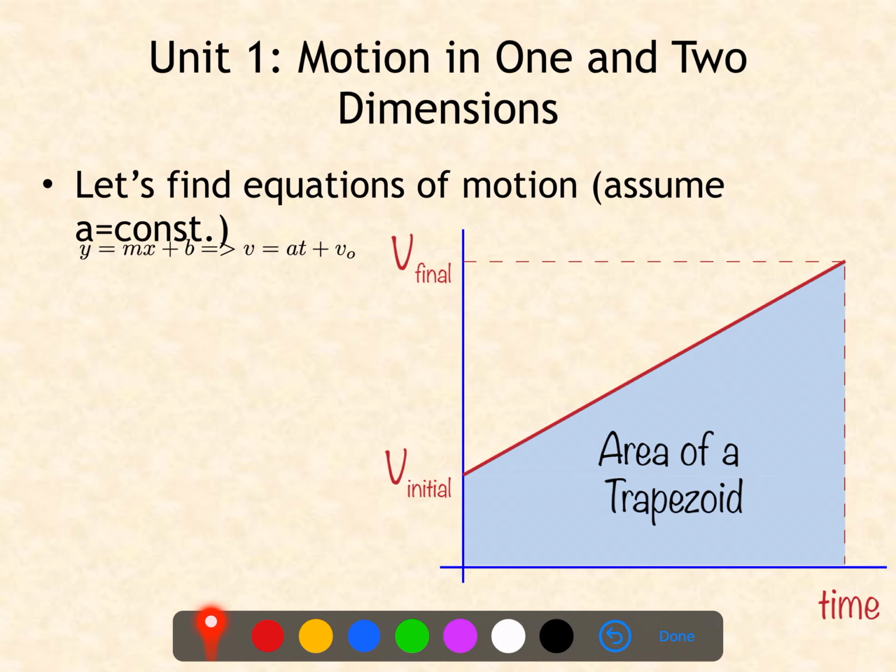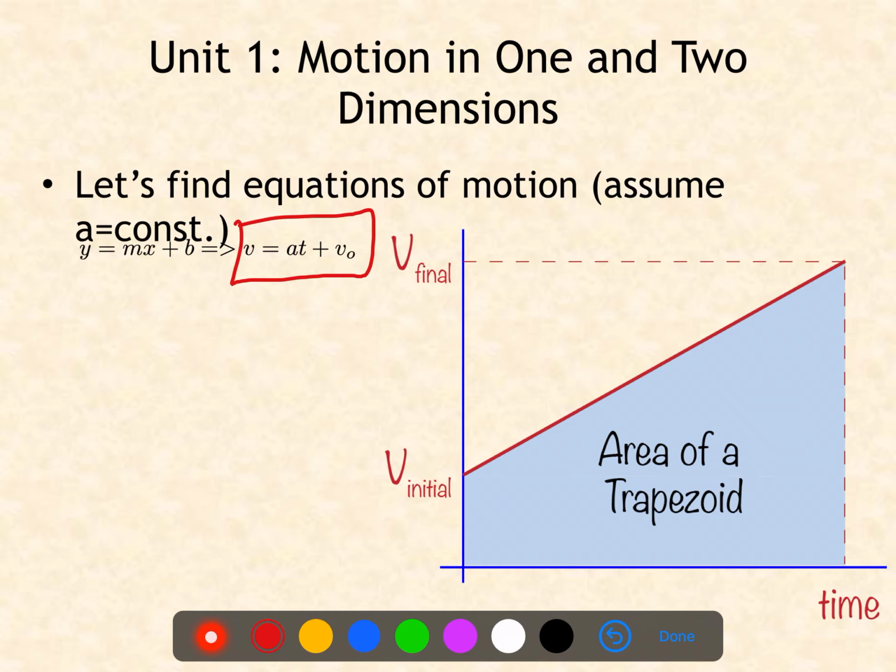So I can basically just, thinking about the equation for a line, come up with one of my equations of motion just by thinking about what corresponds to what. Instead of y, I've got v. Instead of m, I have a. Instead of x, I have t. And instead of b, I have v naught. But it's really the same thing.